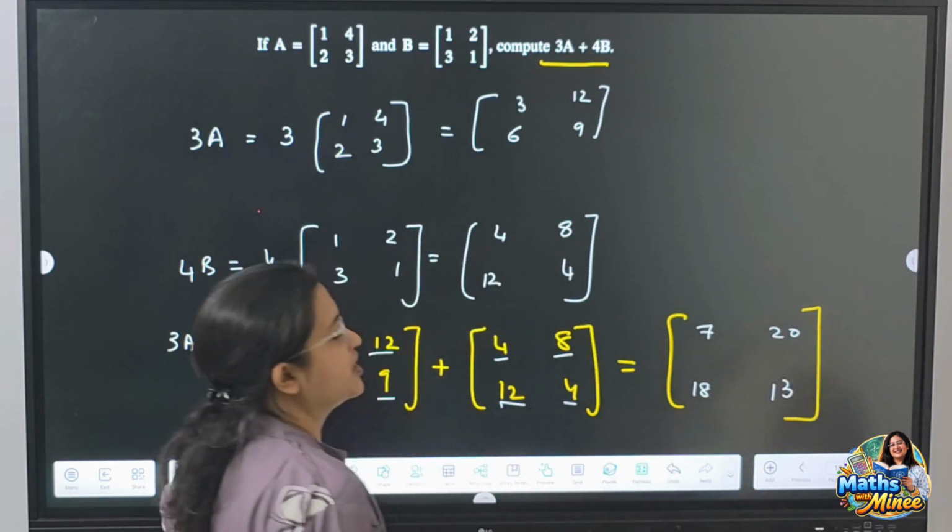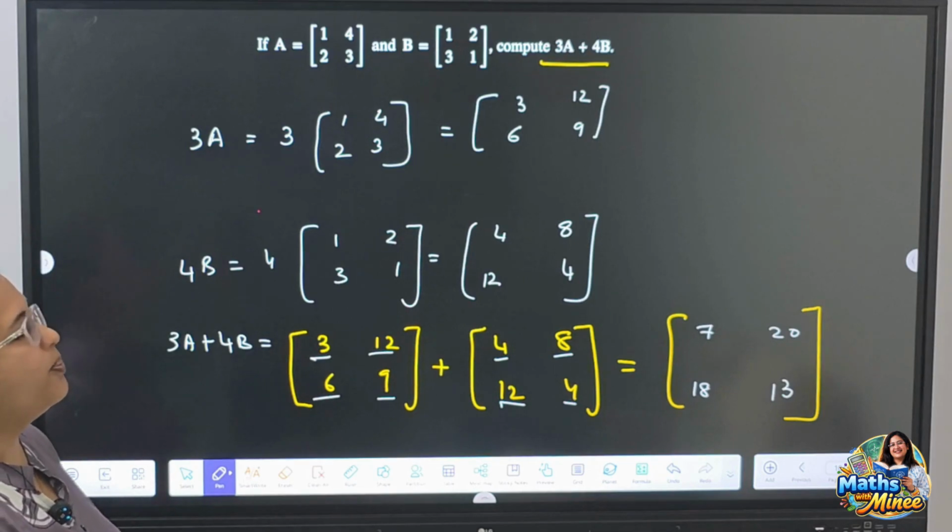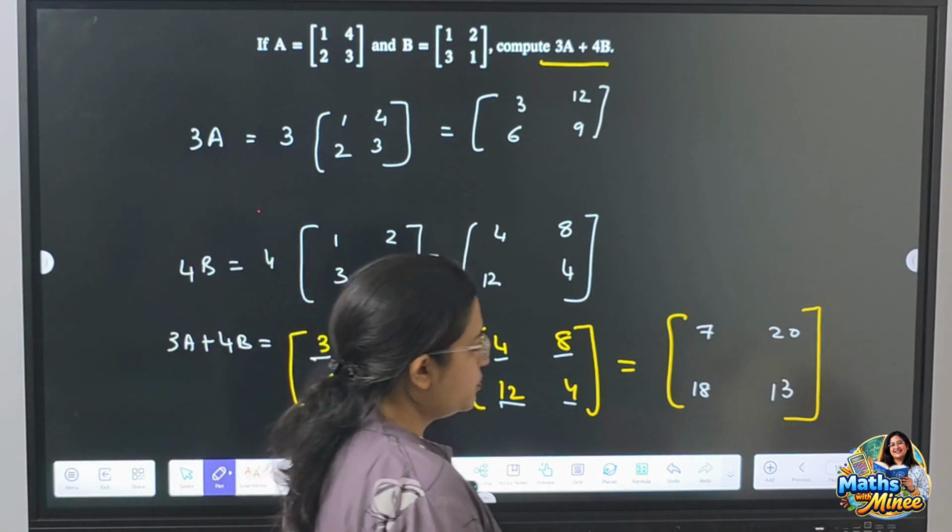So this is our resultant matrix. I hope this is clear to you.